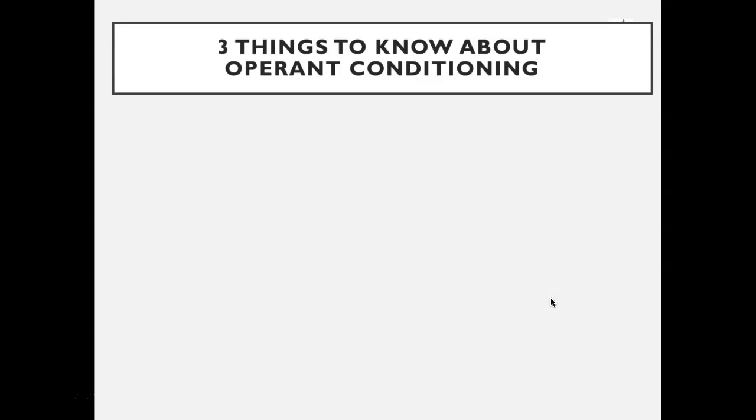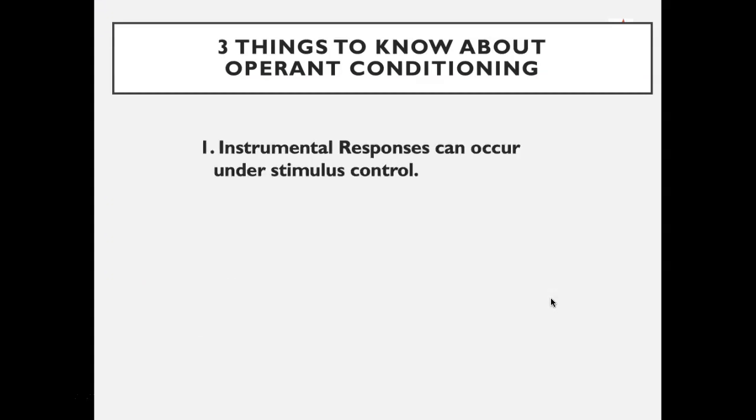So three important things to know about operant conditioning. First, instrumental responses can occur under stimulus control. When they mean instrumental responses, that just means operant responses. So it's also known as instrumental conditioning, but typically it's called operant conditioning, so please try not to be confused by that. I'll change it in your slide.